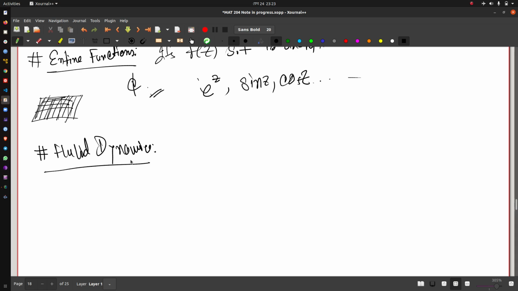If you are familiar with the incompressible flow of a fluid, what do we mean by incompressible? Let's say you have something like a pipe, you have some fluid over here, and let's say this is flowing. Incompressible means that your density remains the same.